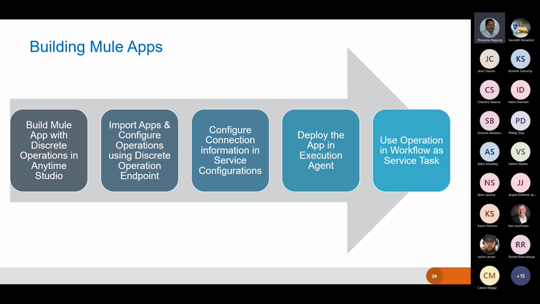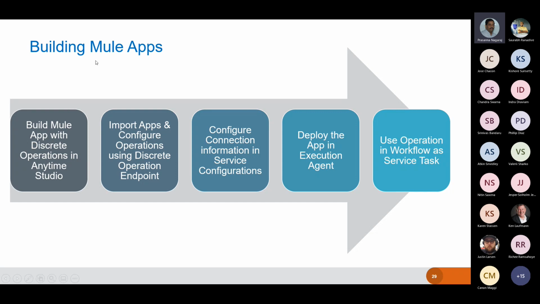That is the manual task. We would have to configure the operations using the discrete operation endpoint. These two elements are already done if you're using out-of-the-box components; they are done when we provision any new tenant.